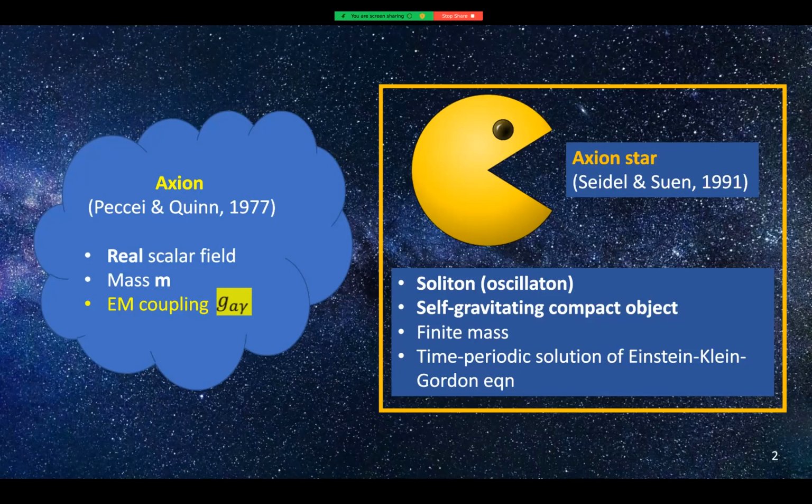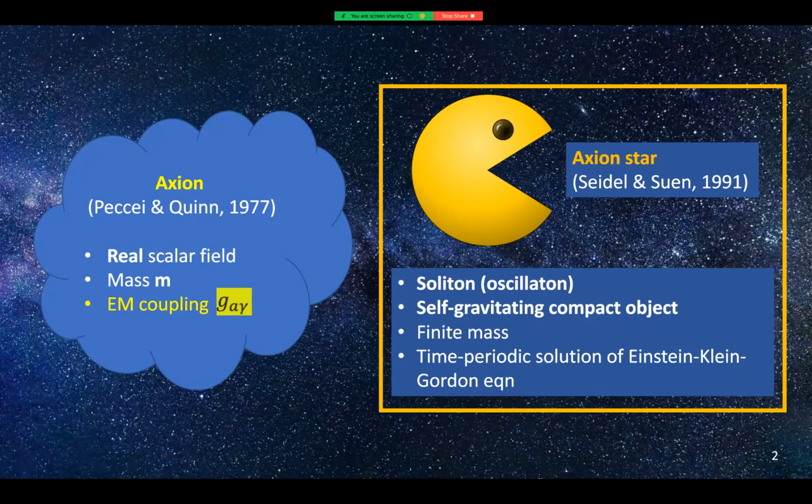And what I'm interested in are these objects called axion stars, which obviously in the particle picture are just collections of these axion particles. And in the field picture, they belong to a class of objects called solitons. More specifically, the model I'm looking at is called an oscillaton.